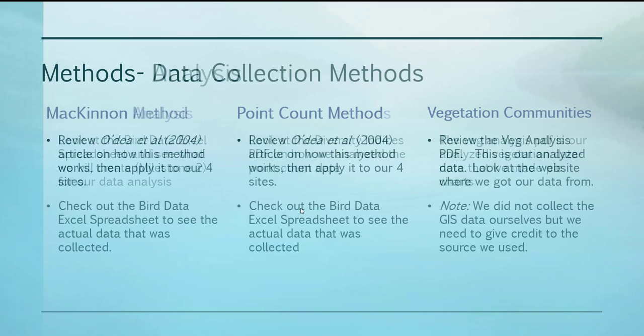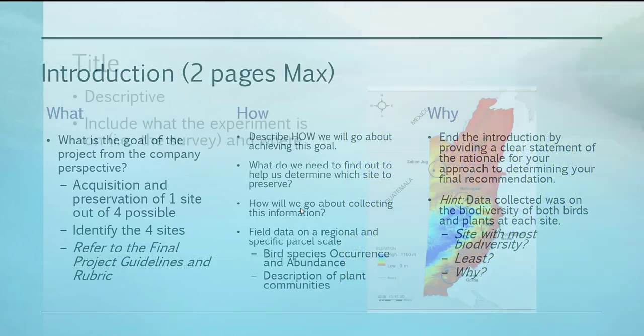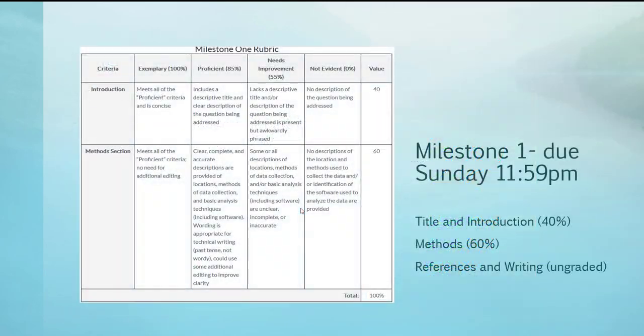So if I go back, let me go back all the way to the rubric. I've covered each component in each of the sections. So for the introduction, again, you need to have a descriptive title and a clear description of the question, or in this case, the project that we are completing for this assignment.